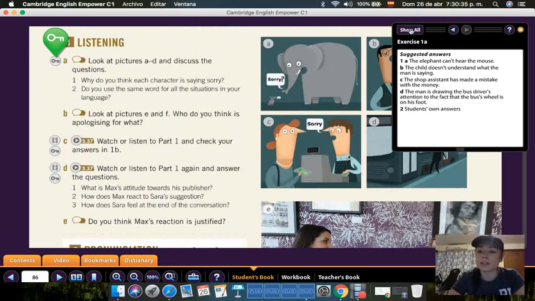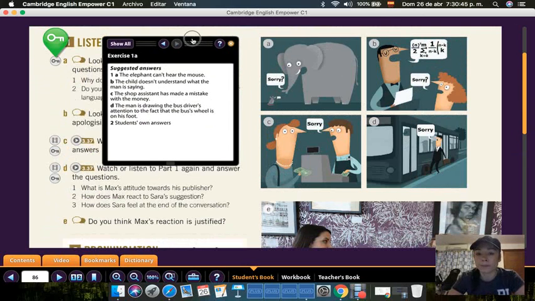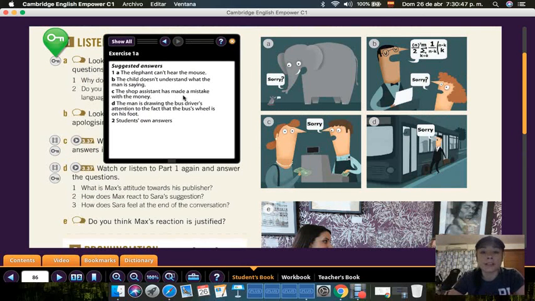Your answers could be this. The elephant can hear the mouse. The child doesn't understand what the man is saying on B, right here. The shop assistant has made a mistake with the money. And the man is drawing the bus driver's attention to the fact that the bus wheel is on his foot. So those are situations for the same word, but different ones.